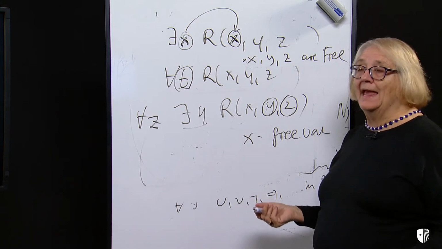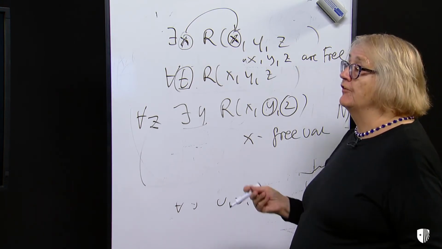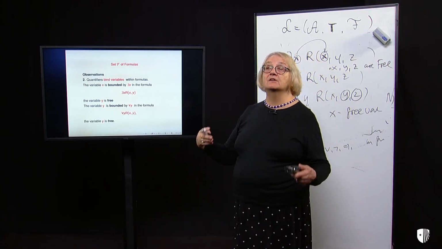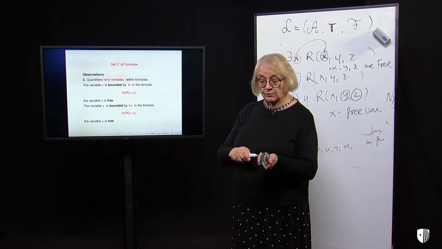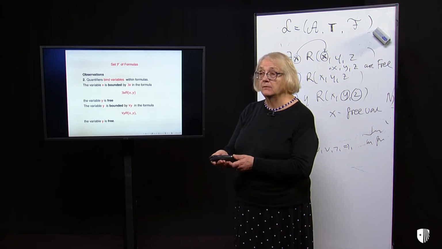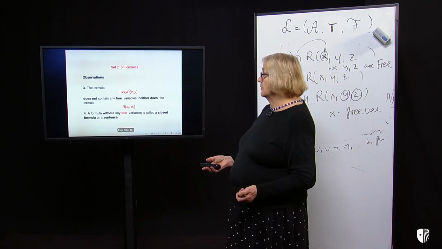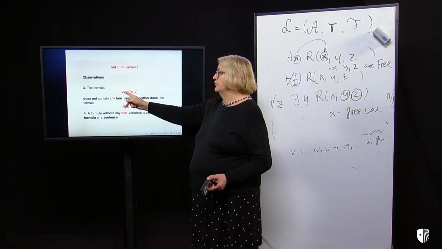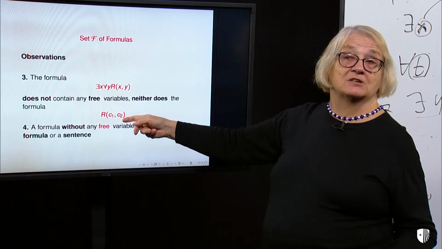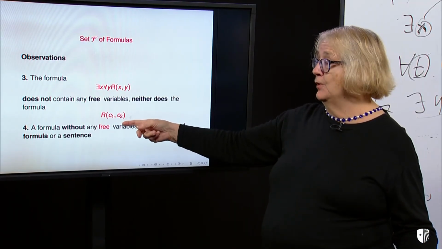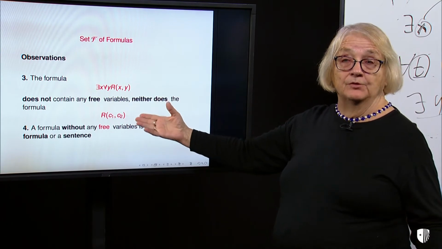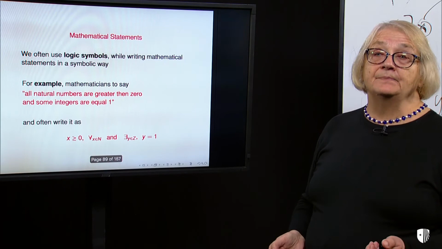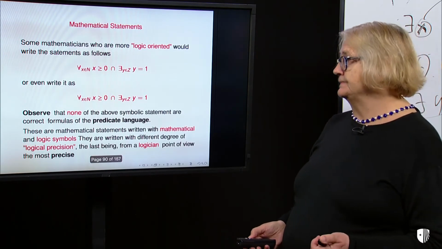So now we have the notion of free and bound variables, and the quantifiers which bind variables in the formula. A very important notion. So, for example, this does not contain any free variables. Both variables are bound. A formula without free variables is called a closed formula, or a sentence.